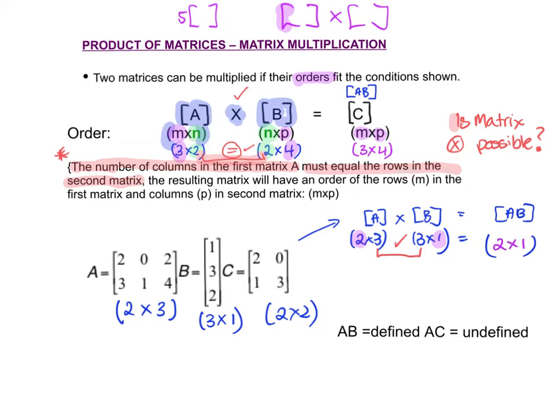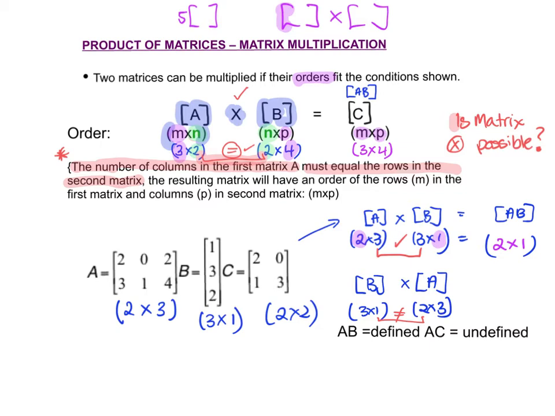All right, let's test though. Watch this, if I change it to B being the first one and A being the second one, you can see I've got a 3 by 1 and a 2 by 3, well, this is not even possible, is it? They do not equal, so not possible. So we just say it's not possible to multiply them.